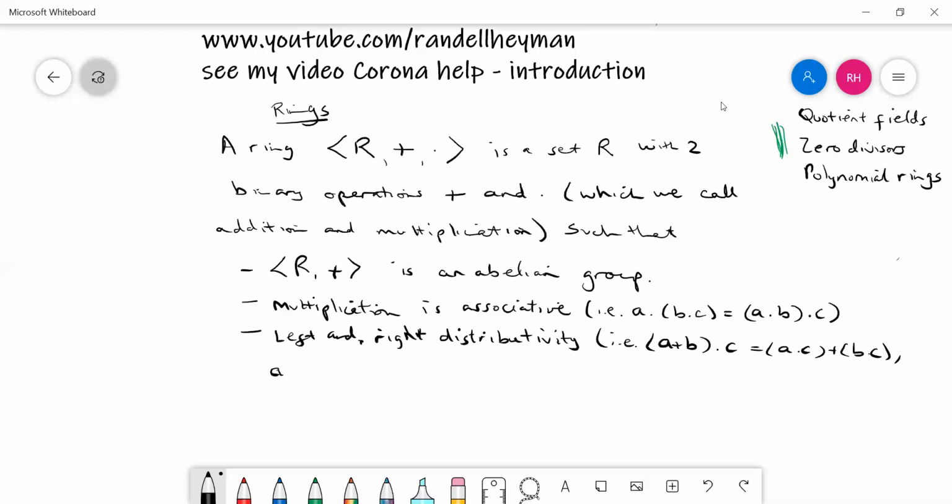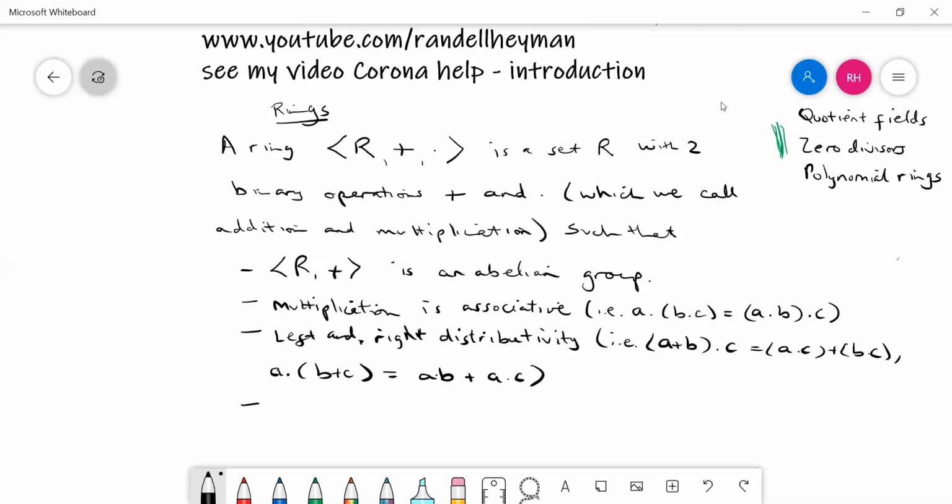So A times (B plus C) must equal A times B, I put a dot there, plus A times C. So that's left and right distributivity.